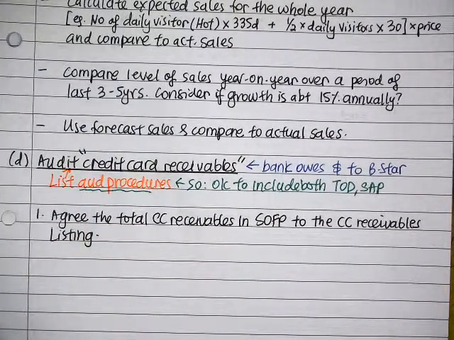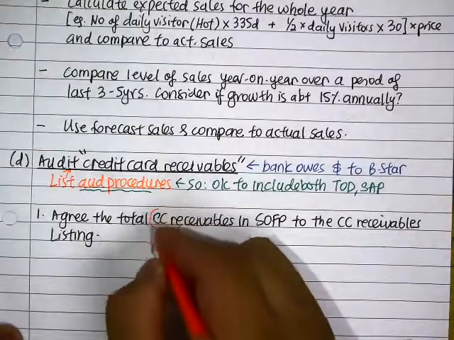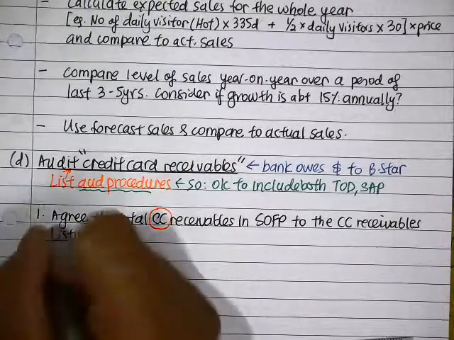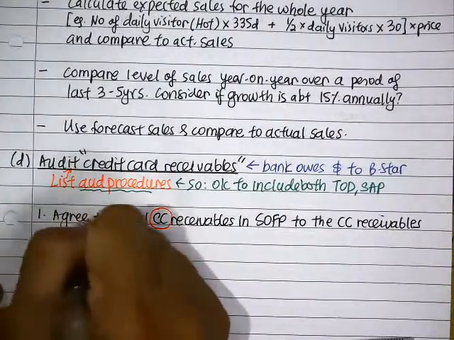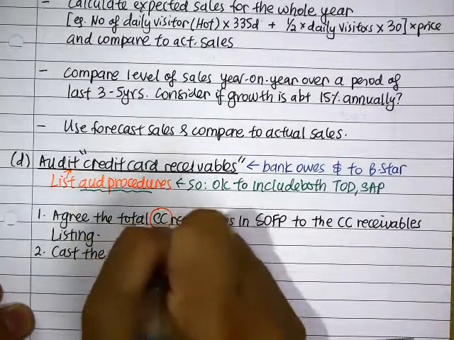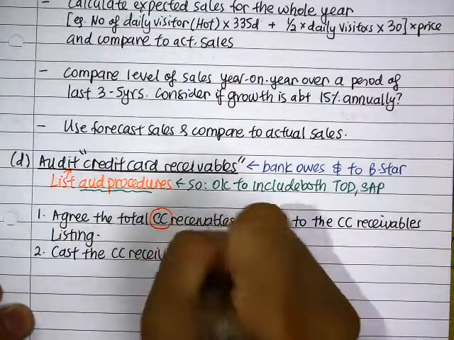Standard procedure. Now the difference is I want to apply it to this case. That's why I mentioned credit card receivable rather than just saying debtors. Now every listing that you agree, you must cast the list to make sure that it is accurate. So, cast the receivable listing.